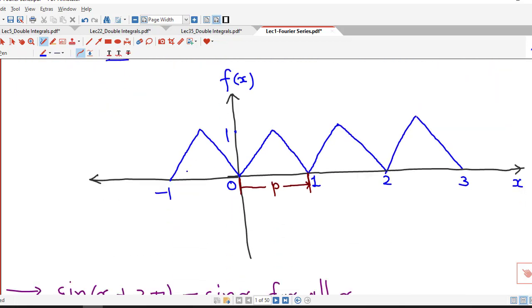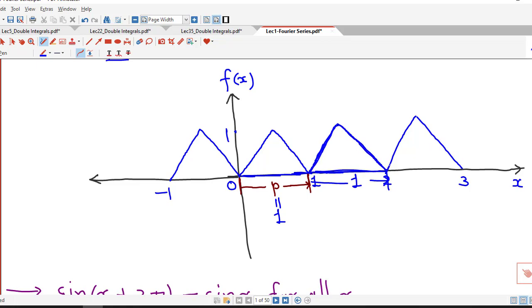So this is another example of a periodic function. Here we can see, if we consider this interval, the length of this interval is 1. So we can see the graph of the function is the same in every interval of length 1. The length of this interval is 2 minus 1, which is 1. So this interval also has length 1, and the graph of the function is the same in this interval also.